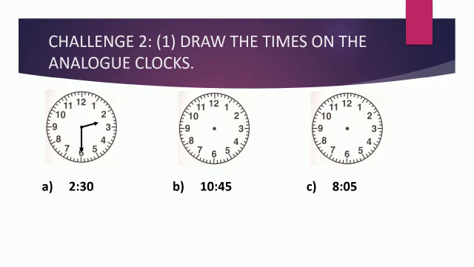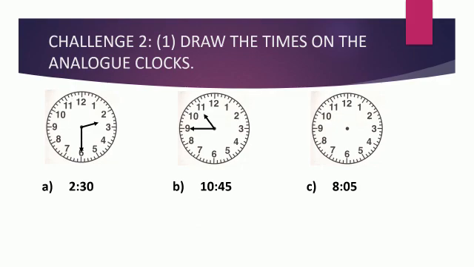Now move to the second clock. You have to draw time 10:45. It means that you will draw small hand like this on 10 and long hand will be on 9.